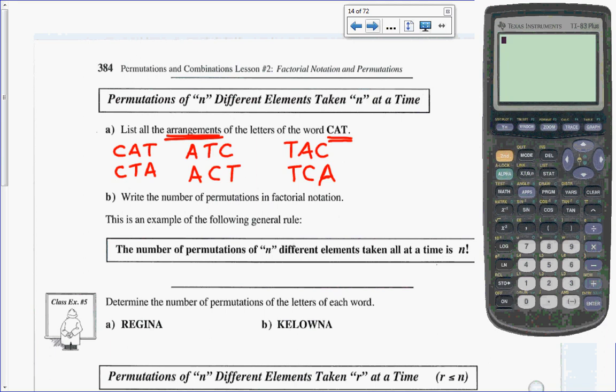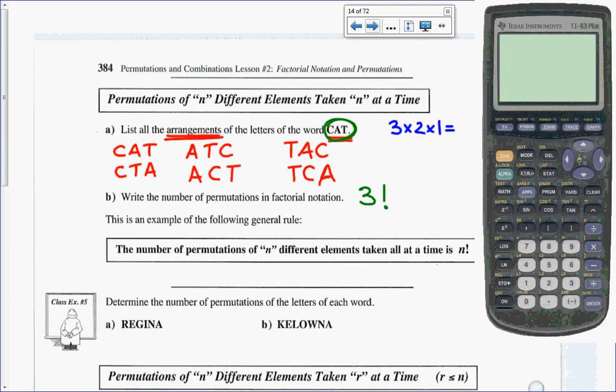Okay, so how could I write how many permutations, different arrangements of these letters, did we make, if I was writing this in factorial notation? How many different ways can you arrange 3 letters? You can arrange them in 3 factorial different ways. What that really means, and we know now, is 3 times 2 times 1 different ways.